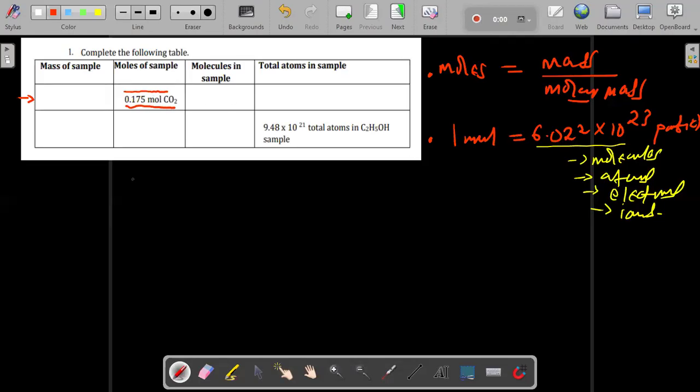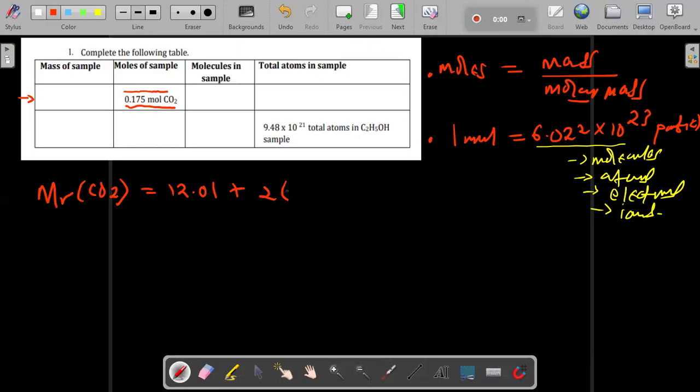What we need to do here is, first of all, calculate the molar mass of carbon dioxide. The molar mass of carbon dioxide is given by the molar mass of carbon, which is 12.01, plus 2 multiplied by the molar mass of oxygen, because this oxygen has a 2 there, no wonder we are multiplying it by 2.